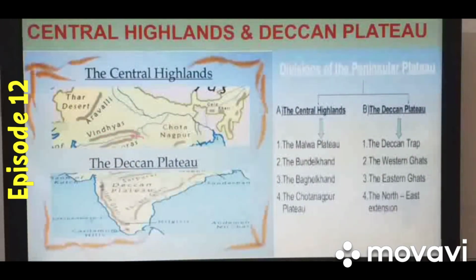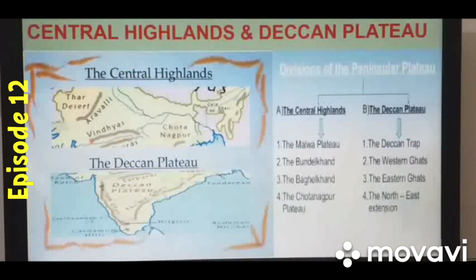Here you can see, north of the Vindhya and Satpura ranges, this whole area is the Central Highlands. Towards its northwest side, it is bounded by the Aravalli Hills, which give a boundary to the Central Highland from the northwest direction.